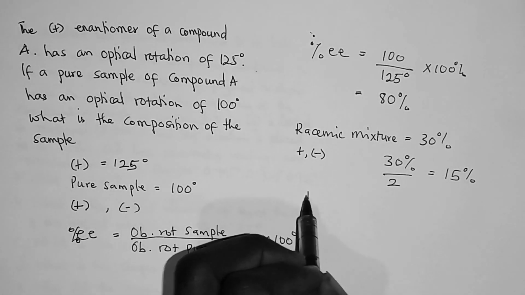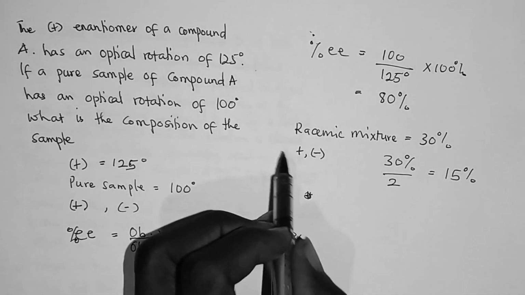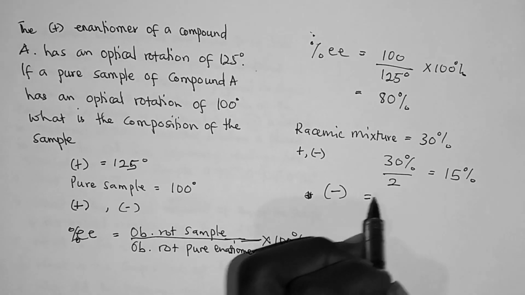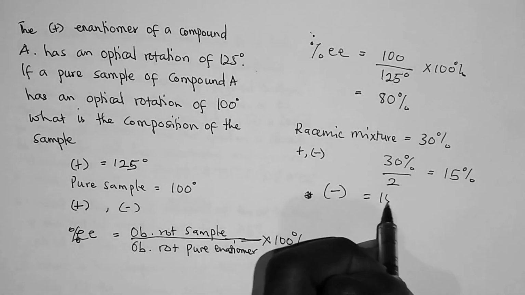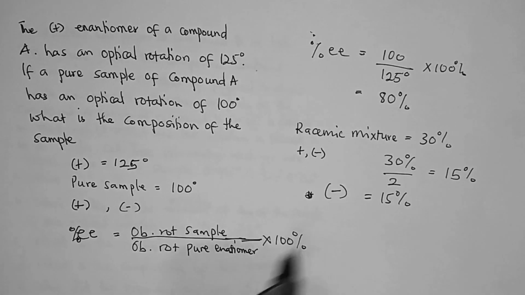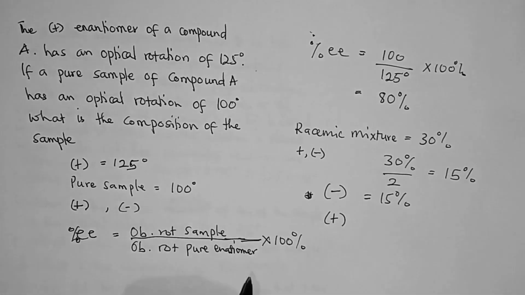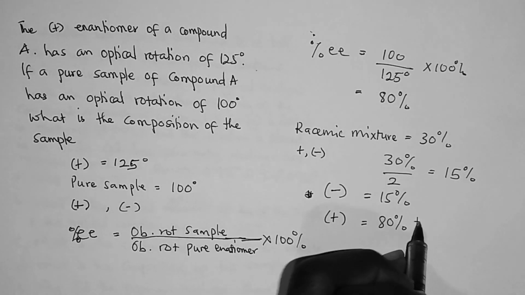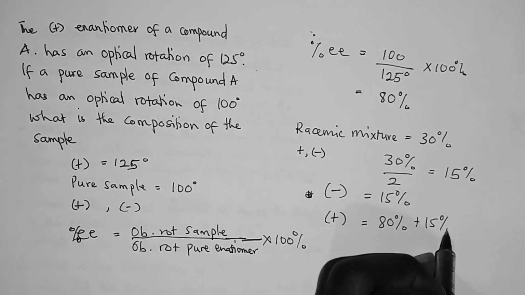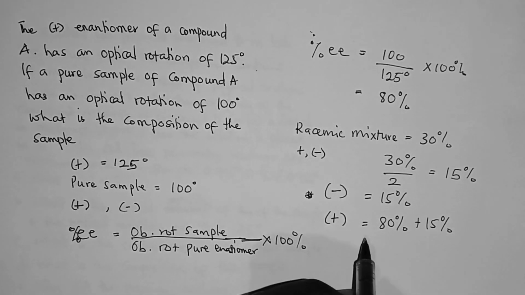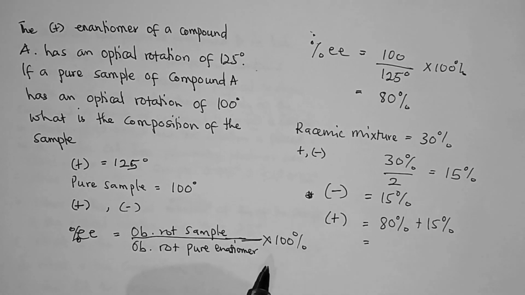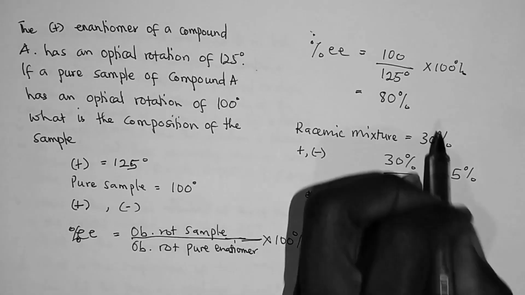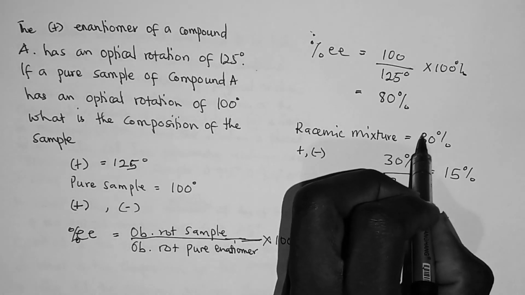So it means that the minus enantiomer has a composition of 15%, and then the plus enantiomer has a composition of 80% plus 15%, and then 80% plus, sorry, I made a mistake. 100 minus 80 is 20%.